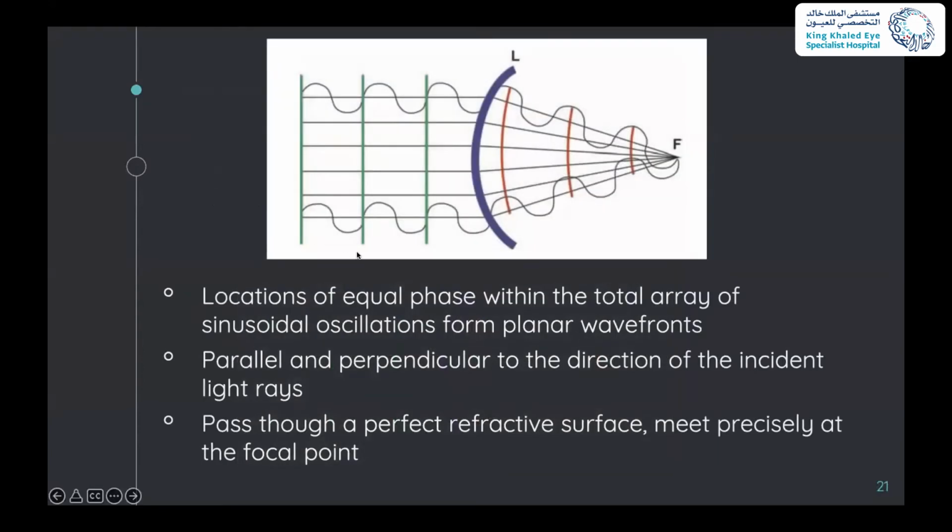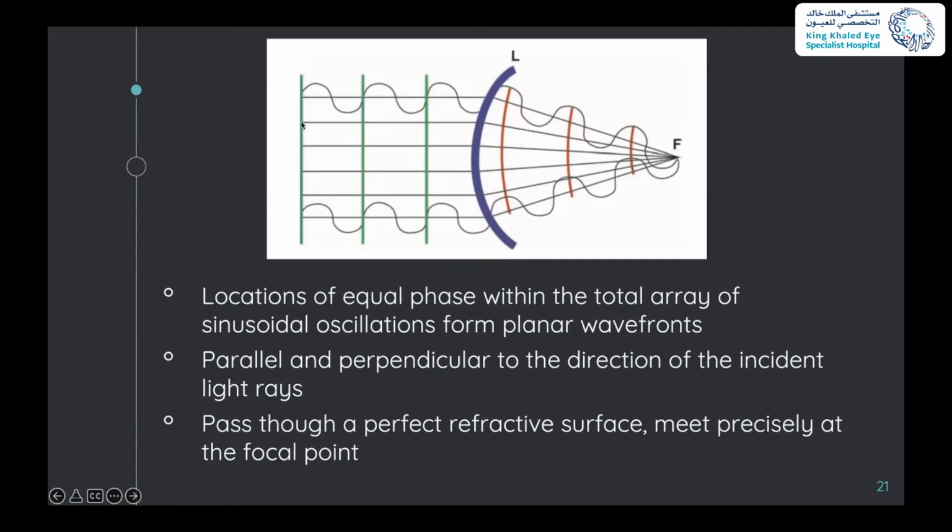So when we mark a location that shows us an equal phase of this wave, if we point somewhere here and take an equal location on a different wave of the total array, this area we can call a planar wavefront.